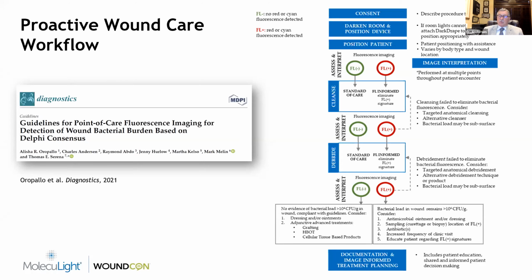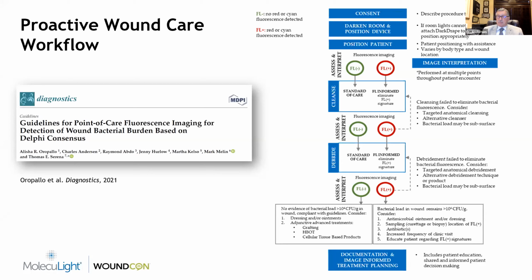If that's normal, then we would proceed on with standard of care. That being said, that's important information, the fact that there is not greater than 10 to the fourth bacteria. You may elect, for example, not to use antibacterial dressing. So maybe some stewardship with antibacterial dressing.